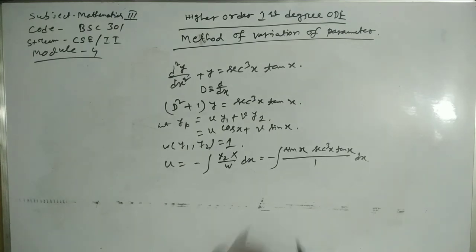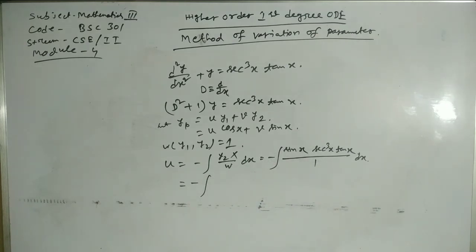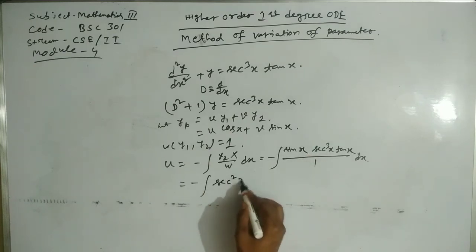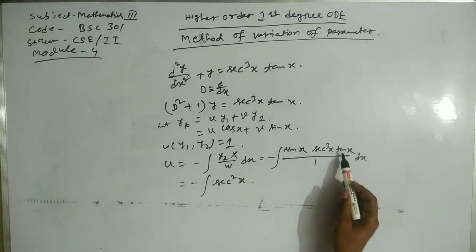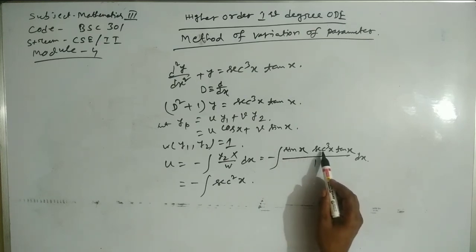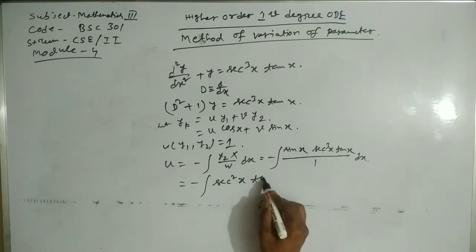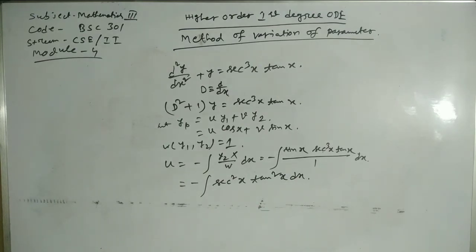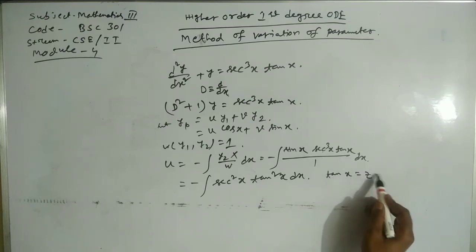Now I am writing this function as sec square x, and this is sine by cos, and this is sine, and here there is sec x, that is 1 by cos. So there will be tan square x, that is sec square x tan square x dx. Now to integrate, I am substituting tan x by z.